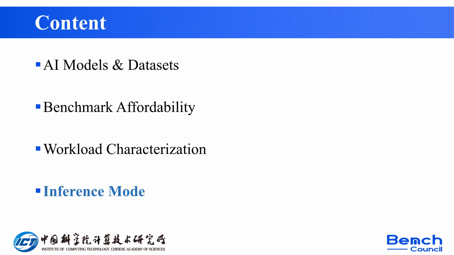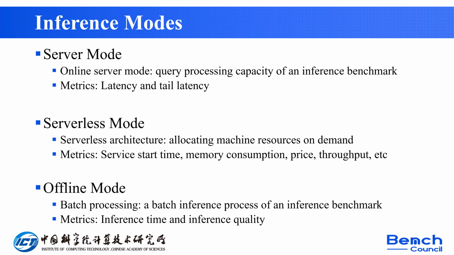Finally, the inference modes. We have three inference modes: server mode, serverless mode, and offline mode. The server mode is the online server mode, quite representing the coverage of an inference benchmark. The metrics are latency and tail latency.